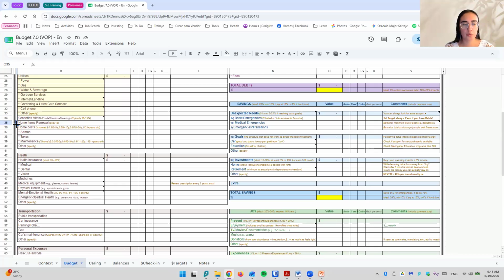Check how much you would feel good saving monthly for item renewals, like if your liquor gets damaged, or especially for renters, we probably only need to take care of the sofa or things like that.